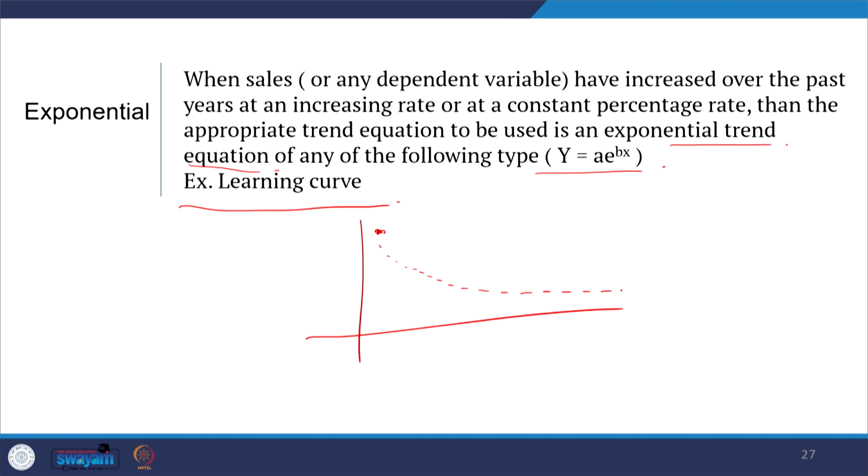The amount of time you take will reduce substantially as the number of units produced increases, because people become more familiar with the procedure. There is no wastage, the hand becomes faster, the brain becomes faster. So, this is something where exponential behavior follows.